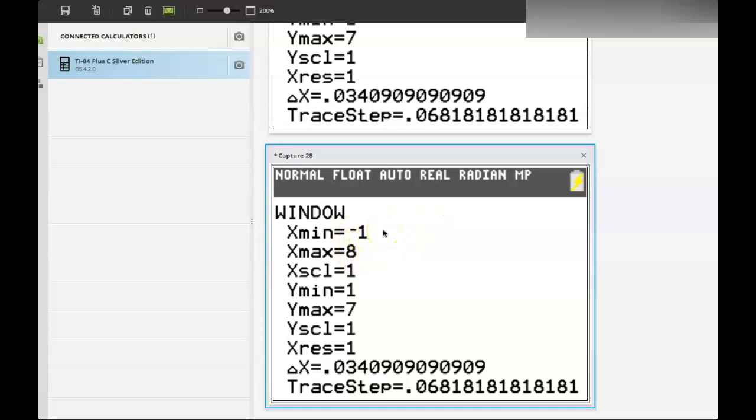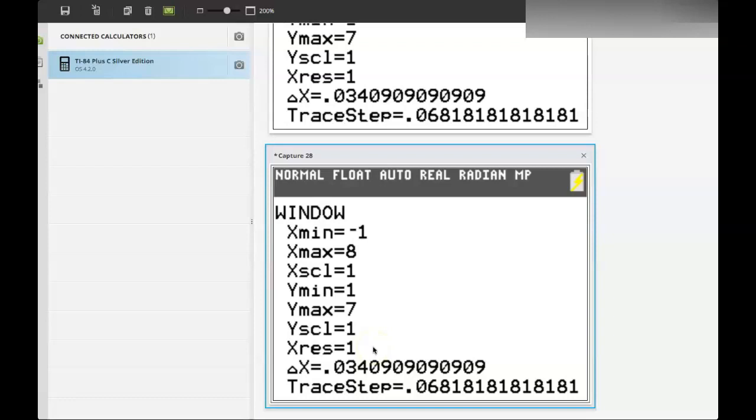This way, all the points in that table fit in that interval: 0, 2, 3, 5, 6, 6 are between -1 and 8. Now for y, the smallest number is 1.9 and the largest is 5.8, so those numbers are between 1 and 7.